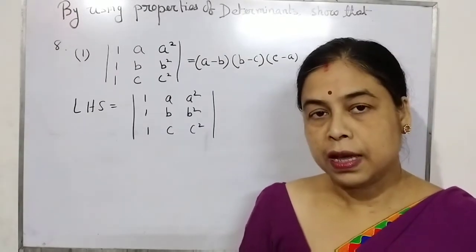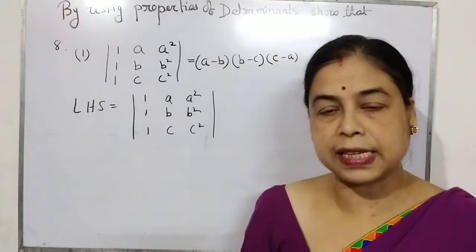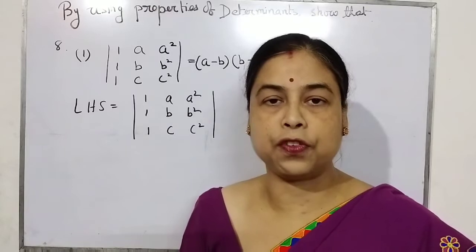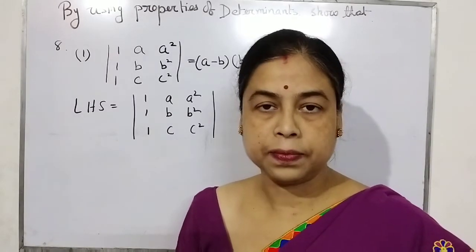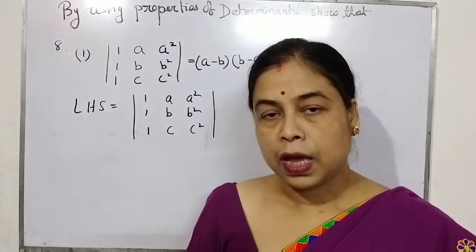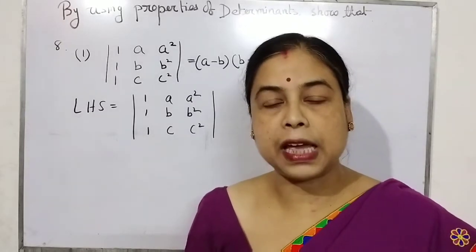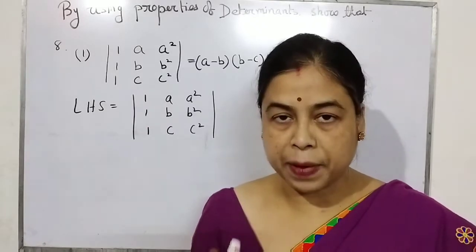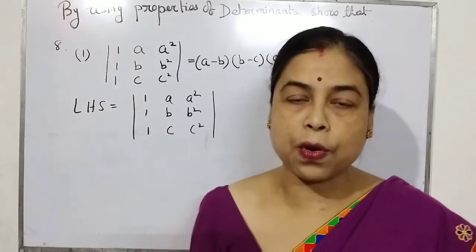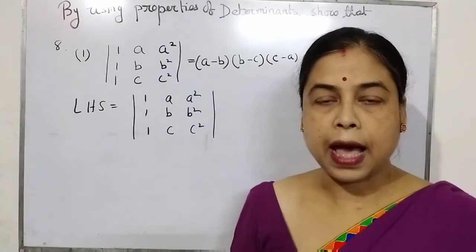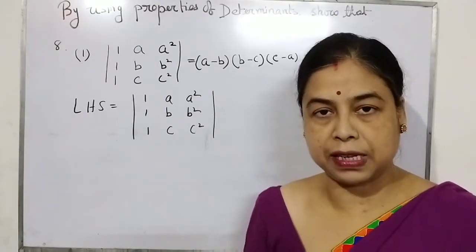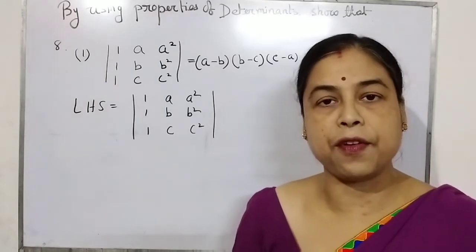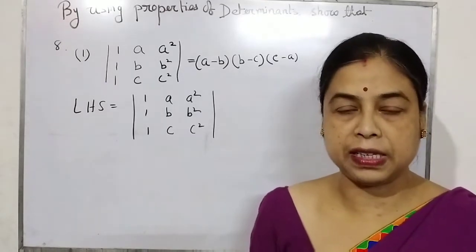And the fifth one, if any row or column is expressed as a sum of two or more than two elements, then the determinant can be expressed as a sum of two or more than two determinants. And the sixth property, it is possible to take a particular row or column, multiply another row or column by a non-zero constant and add it to the corresponding elements. The value of the new determinant and the value of the original determinant remain the same. So these are your properties.